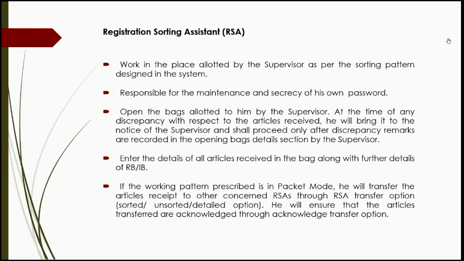The articles addressed to the offices for which he is not closing the bag, he has to hand over to the concerned registered sorting assistant who is going to actually close the bags to those stations. If it is manual, he gives an acknowledgement or gets the receipt and hands over manually. What about the system and software?